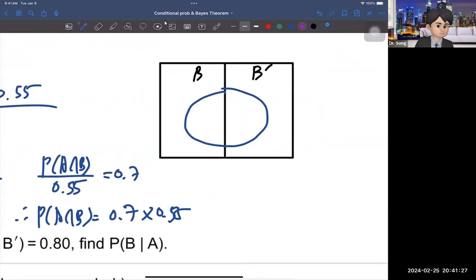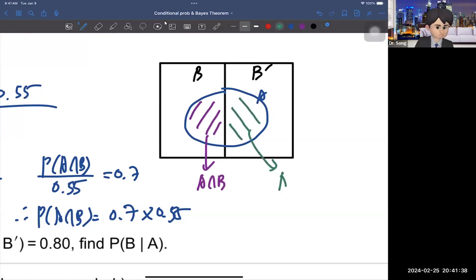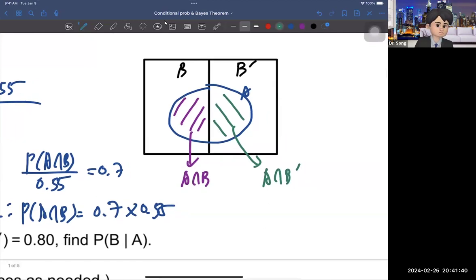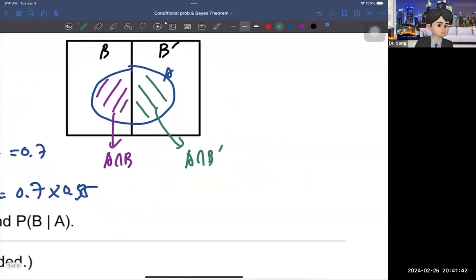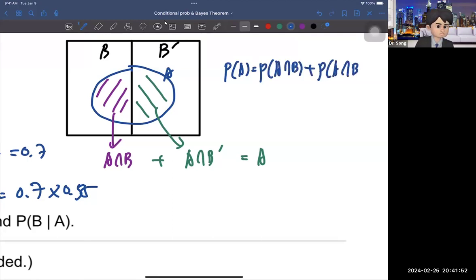Then, as you can see, this is A. Here, this part is A intersection B. And the other side here, that is A intersection B complement. When you put it together, that gives you the A. That means here we want to find the probability A, that is probability A intersection B plus probability A intersection B complement.